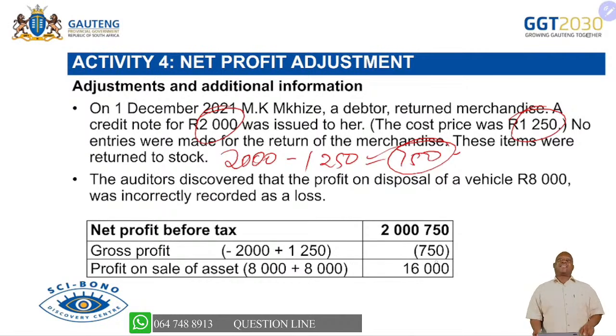So if we add 8,000, we are saying we never did anything. And then the second 8,000 is to record the correct thing that has to be recorded. So it's simply going to be plus 16,000. But remember, they said indicate by plus or minus. So whenever you leave a figure without a sign, it means it is positive. So our 16,000 is positive.